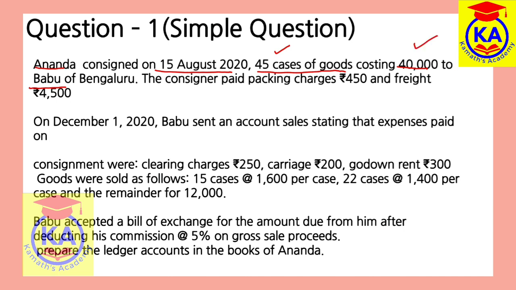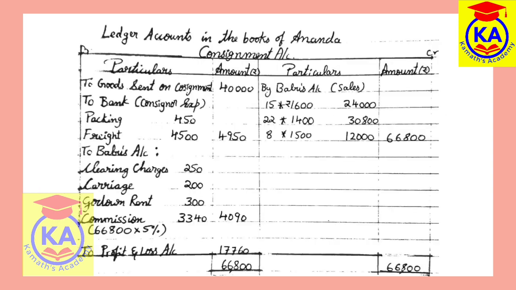So first, in the format of consignment, on the debit side, you have to write 'To goods sent on consignment'. So let's make the consignment account. To goods sent on consignment, rupees 40,000. You have to write consignment account here, debit, credit, ledger accounts in the books of Ananda.